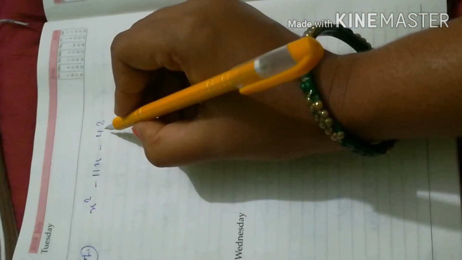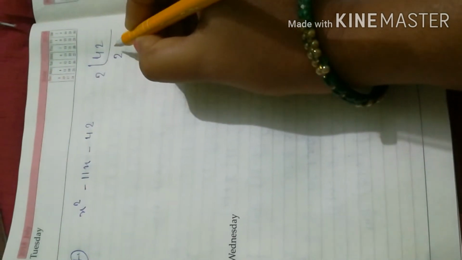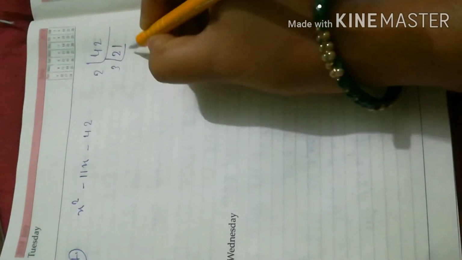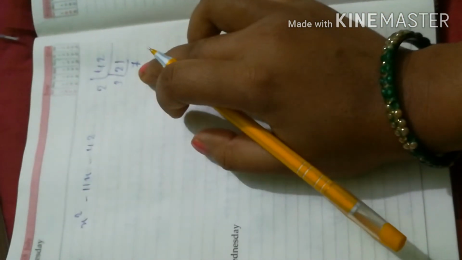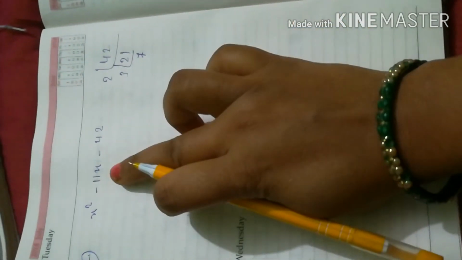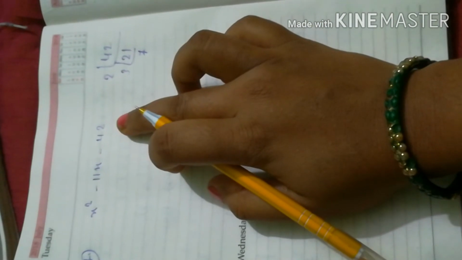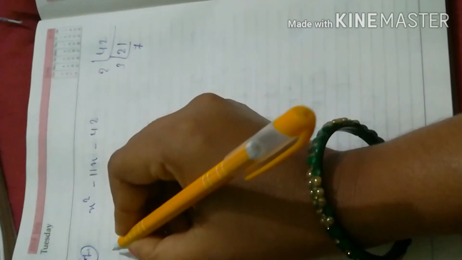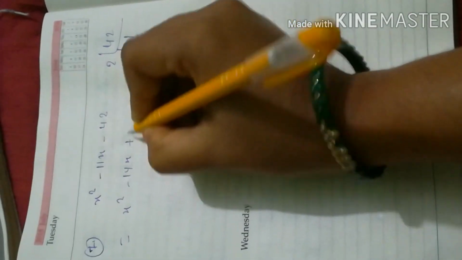Again we will multiply 42 into 1 equals 42. We can write 2 21s are 42, 3 7s are 21. Now we can see 7 2s are 14, 14 plus minus 3 equals 11, and 14 3s are 42. So we can write x square minus 14x plus 3x minus 42.